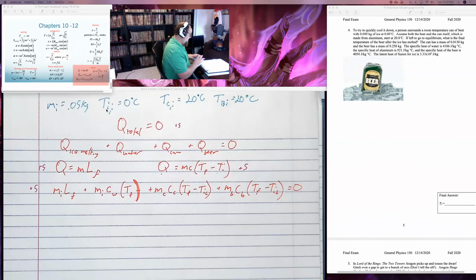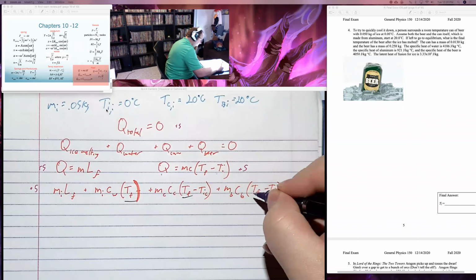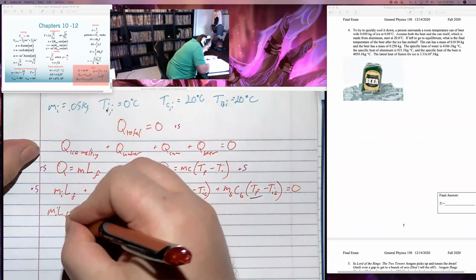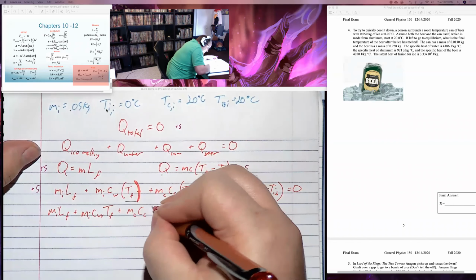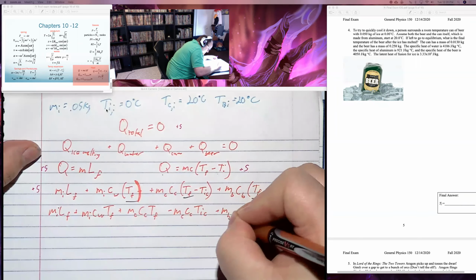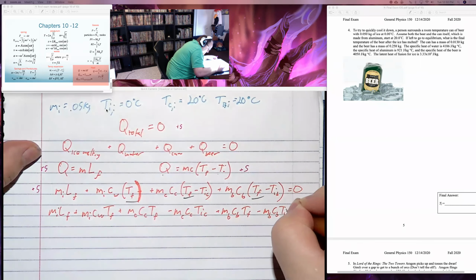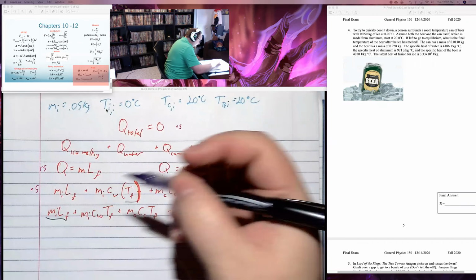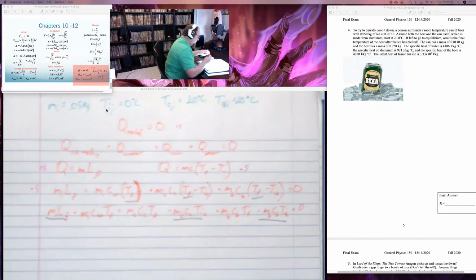But let's actually try to solve this. I want to solve for T final, which is in 3 different spots. It is here, here, and here. So I'm going to factor through all of my parentheses. Then I'm going to take everything without a T final in it, which is this, this, and this, and move it to the other side.